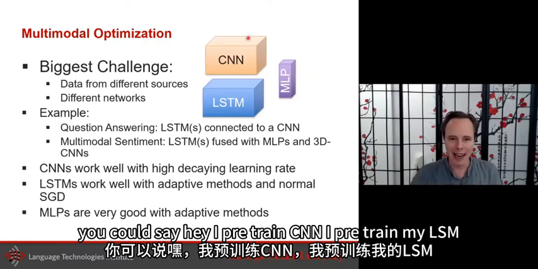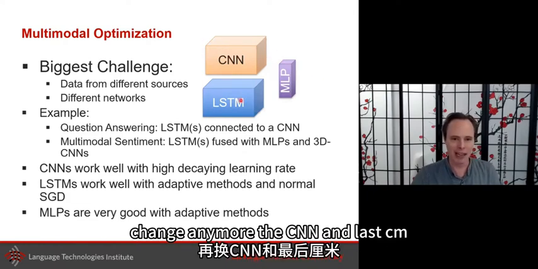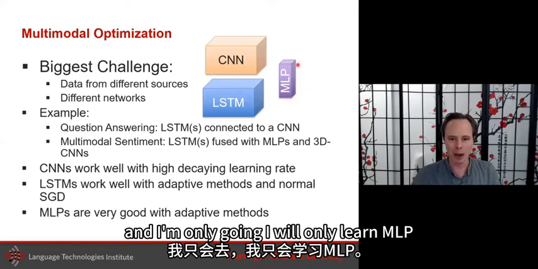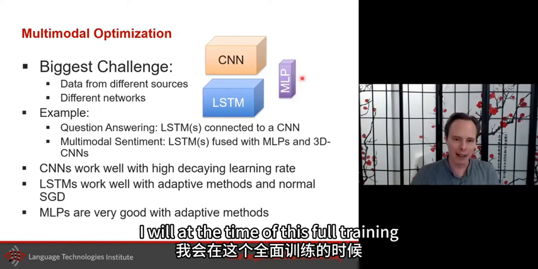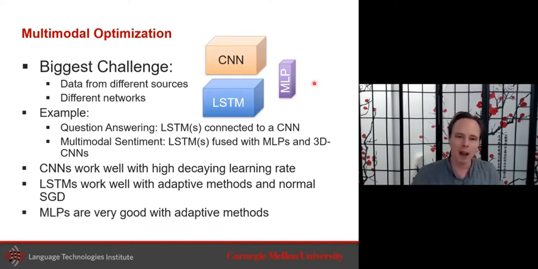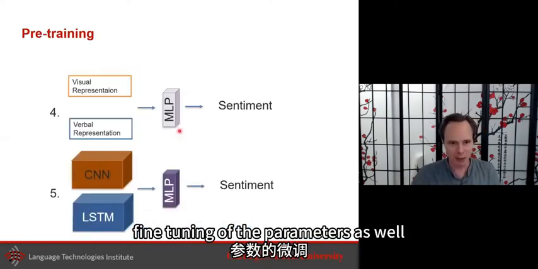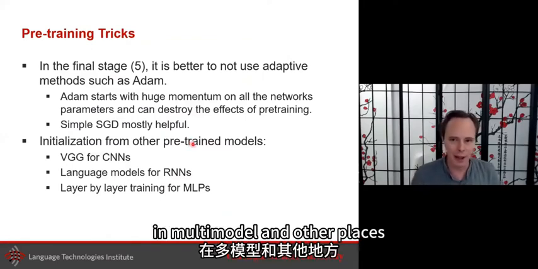You could say, hey, I pre-trained my CNN, I pre-trained my LSTM, so I will not change the CNN and LSTM anymore, and I will only learn the MLP. Or you could say, at the time of this full training, I will go ahead and do fine-tuning of the parameters as well. And that is very important in multimodal and other places.